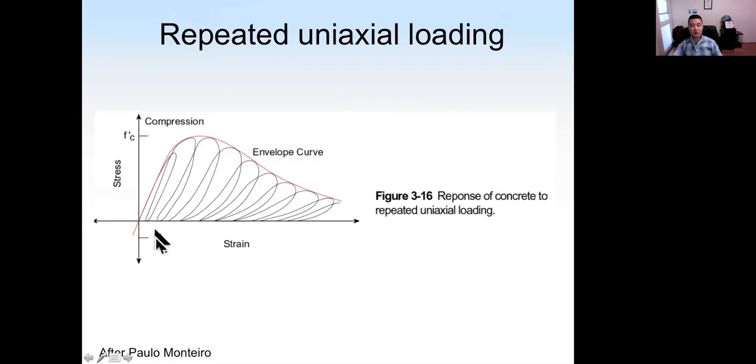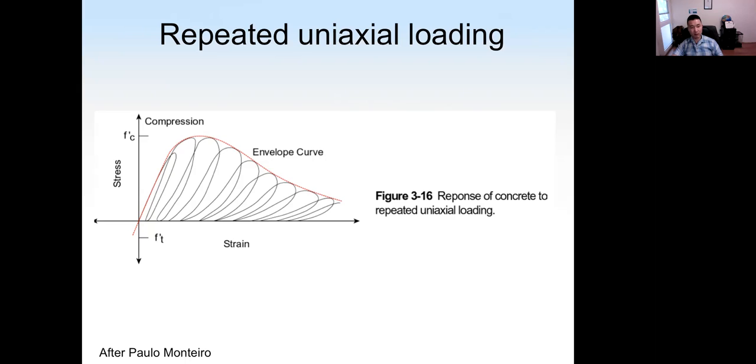And here shows how concrete will respond under repeated uniaxial loading. After each loading cycle, what we can see, first of all, is that the top will go down, which means the maximum stress the concrete can resist will be lower, because after each loading cycle we have more cracks.